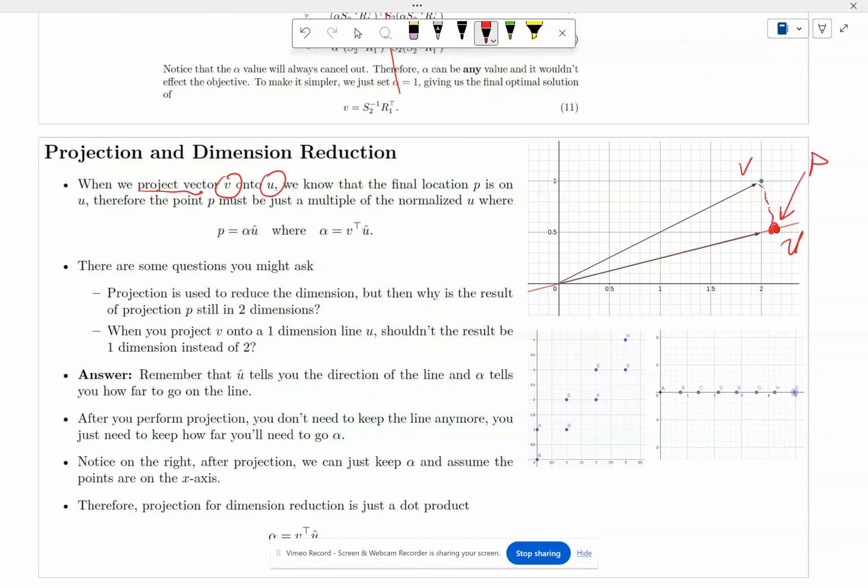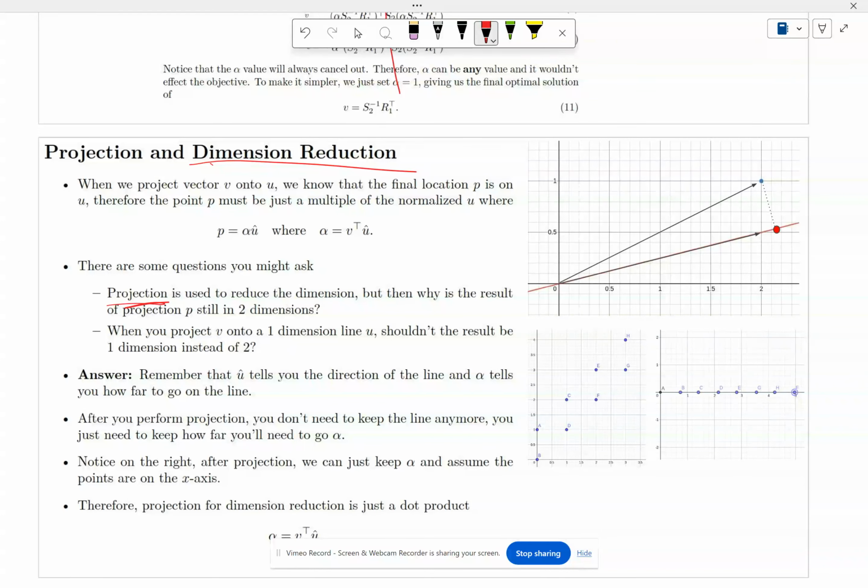So we learned that in projection. Okay, so we learned all these already. Why am I repeating this? Well, there's some questions that raise to the surface when we are talking about dimension reduction and projection.